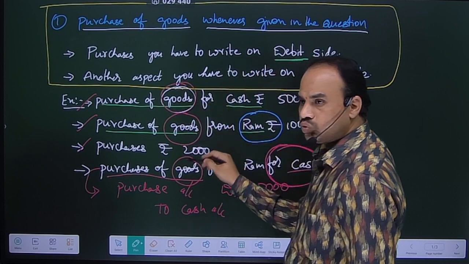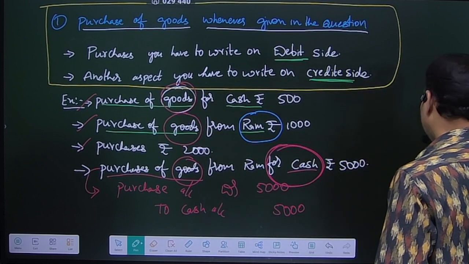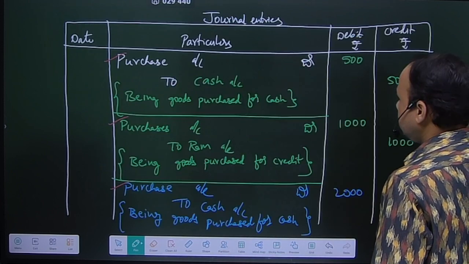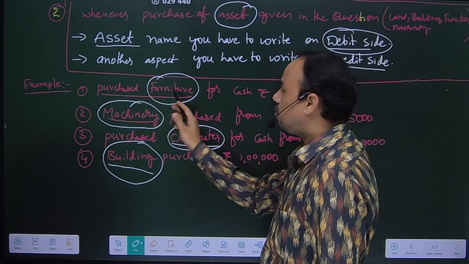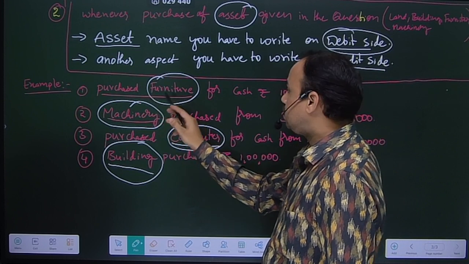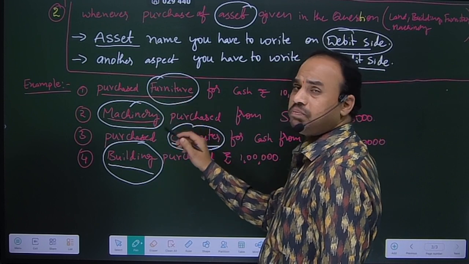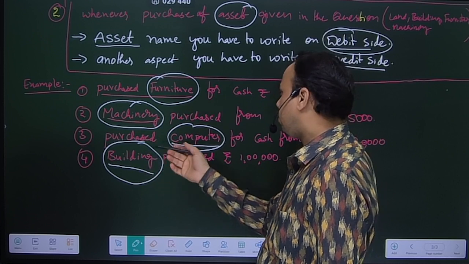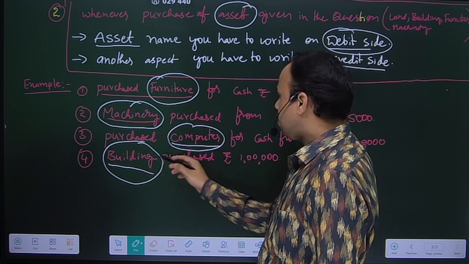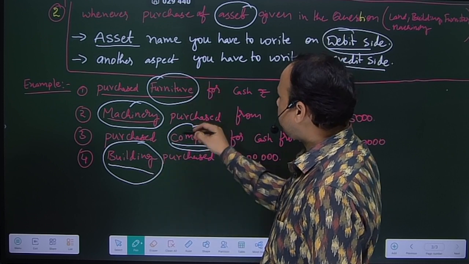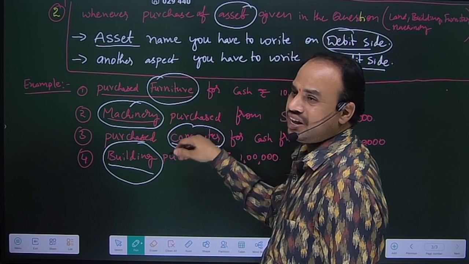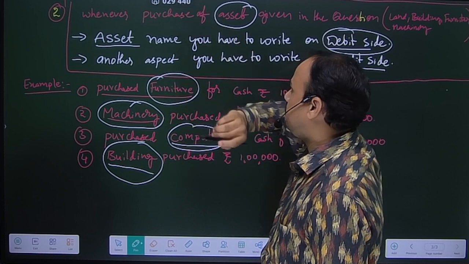But in this question, purchased goods is not given. Purchased furniture, machinery, computer, building are given. Whatever we purchased, these are assets. These names we have to write on the debit side.